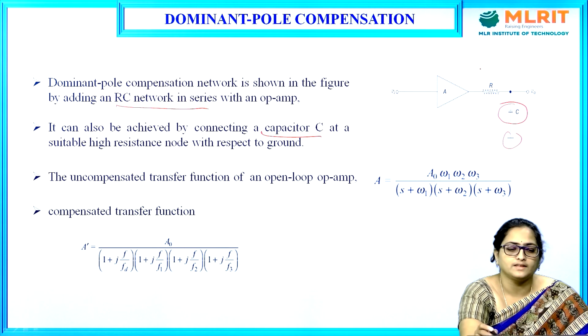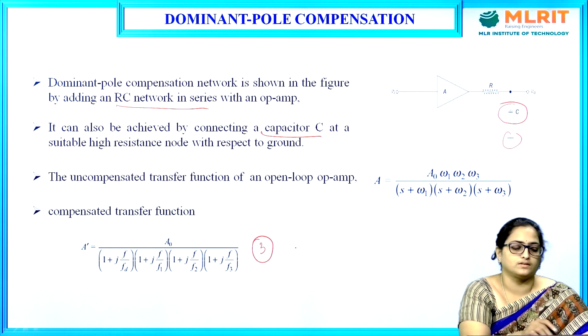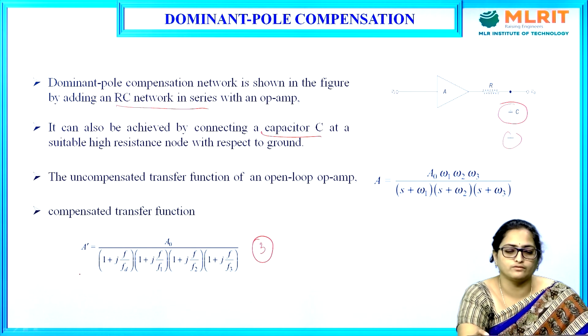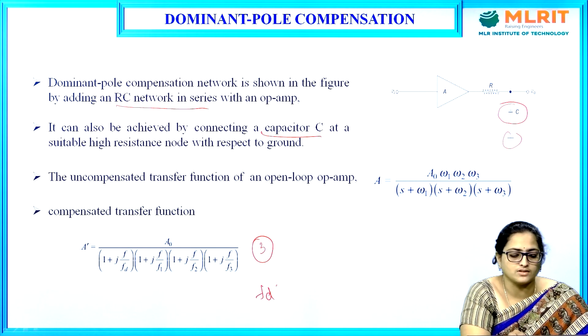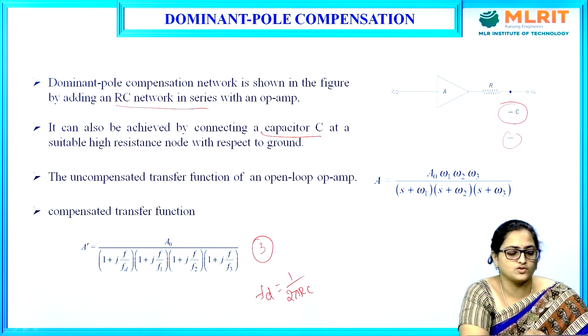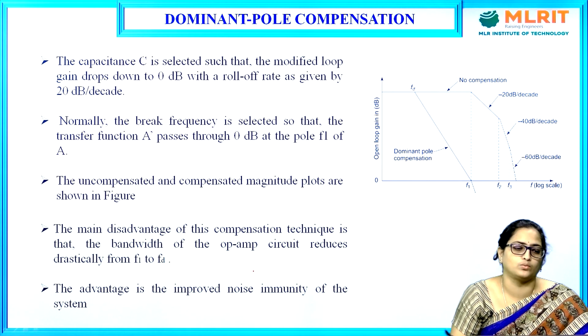So, the compensated transfer function is given as A naught, this is for 3 cutoff frequencies. This is the transfer function for the dominant pole compensator at 3 different frequencies: A naught by 1 plus j into F by Fd, where Fd is equal to 1 by 2 pi RC, into 1 plus j F by F1 into 1 plus j F by F2 into 1 plus j F by F3.